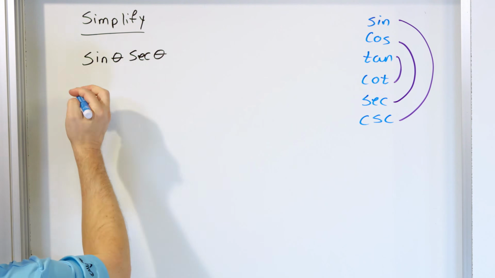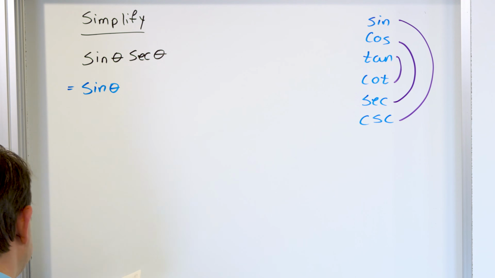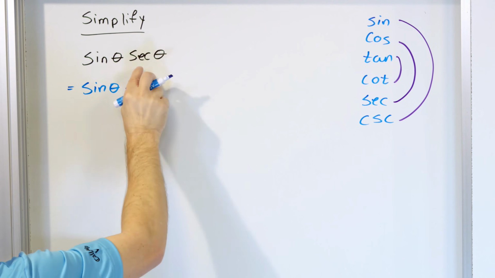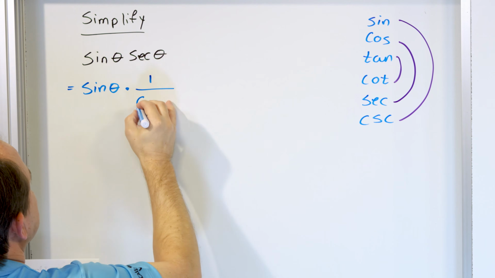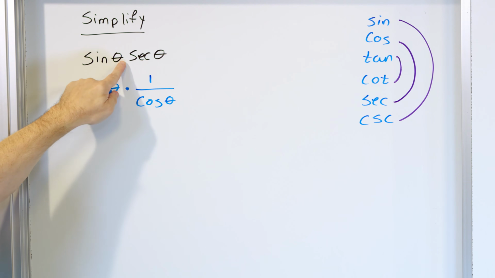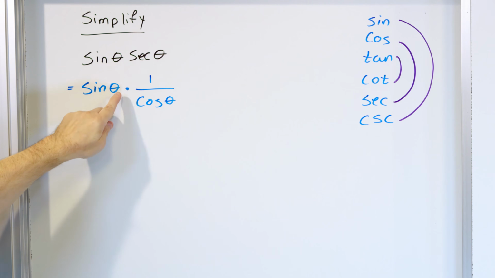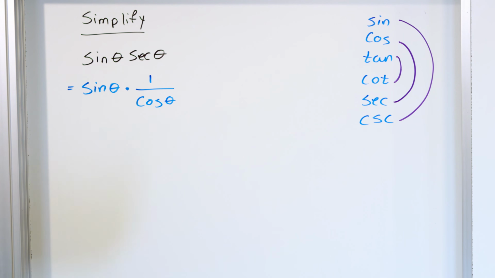So what I'm going to say for the next step is that sine of theta is here, but I'm going to multiply that by secant, which I now know from this is 1 over cosine of theta. Now I put a dot here, whereas there wasn't a dot in the beginning, only because I have a fraction and I'm more comfortable putting the multiplication symbol there as well.